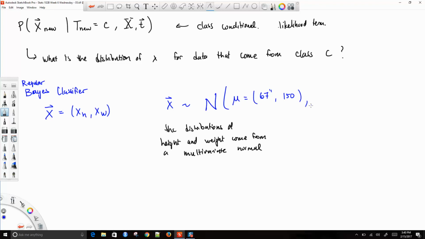And then our standard deviation, our sigma matrix, includes the variance of height, say 4.5 inches squared, and then our variance for weight, say 30 pounds squared, making up.